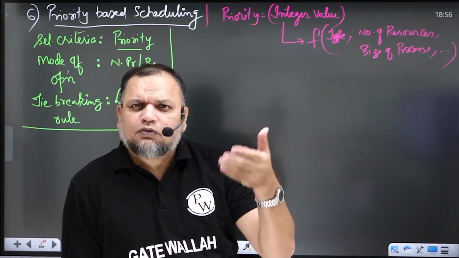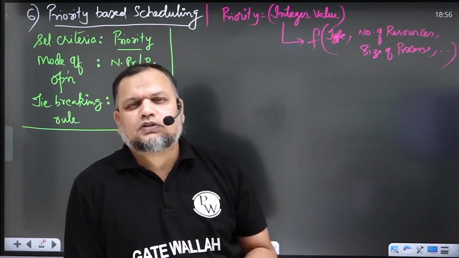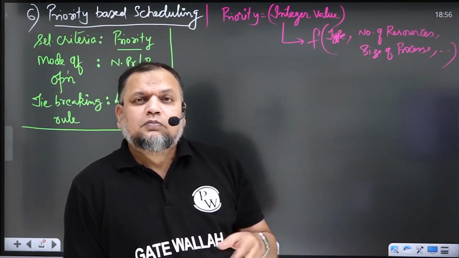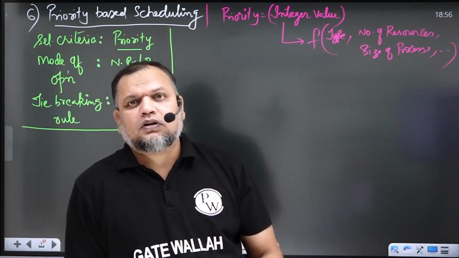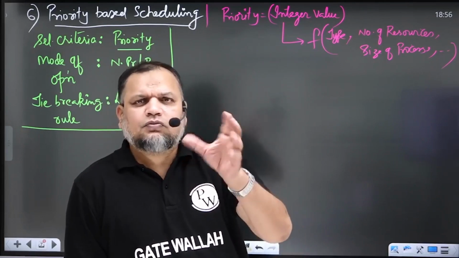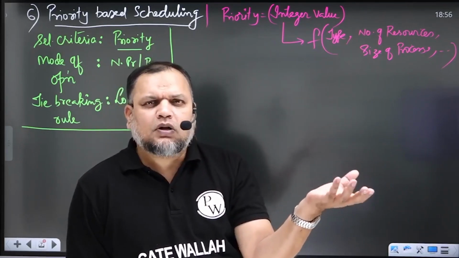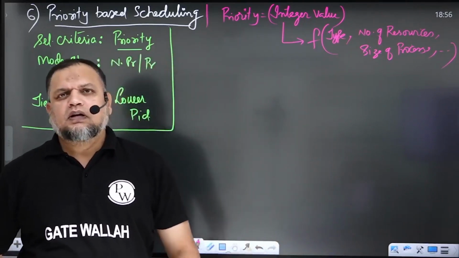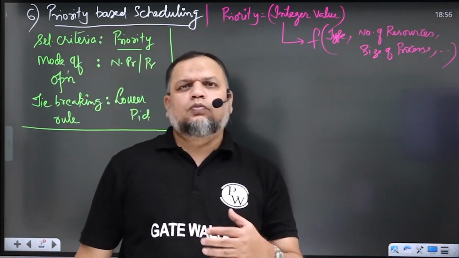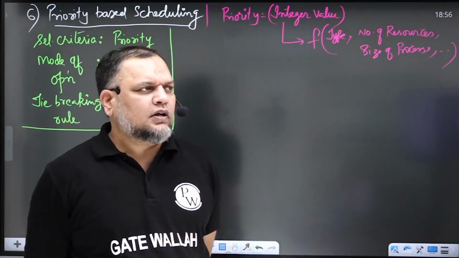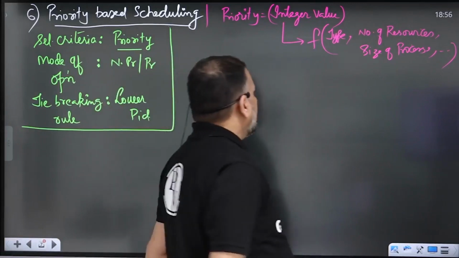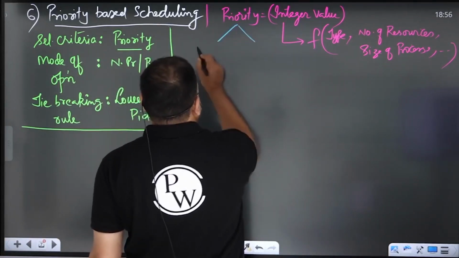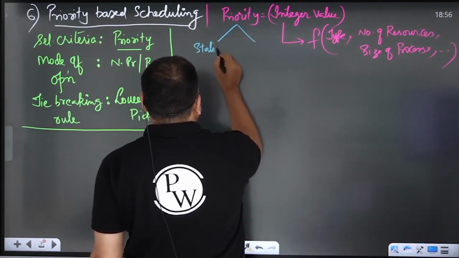Why? Because it will run for a small amount of time on the CPU. If a process needs more resources, low priority; if it needs fewer resources, high priority. So we use some parameters, have some formula and compute the priority. In general, those are the principles: when we have high priority, when we have low priority. So priority is generally taken as an integer value. And let me also tell you that the priority which we assign can be of two types, static or dynamic.